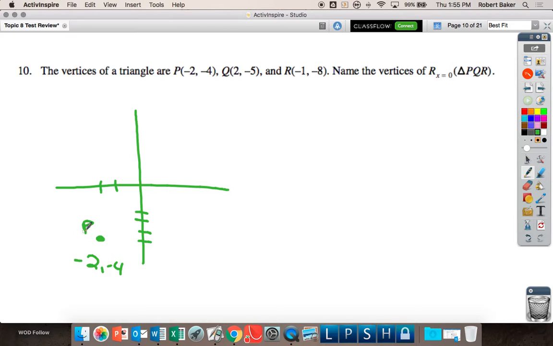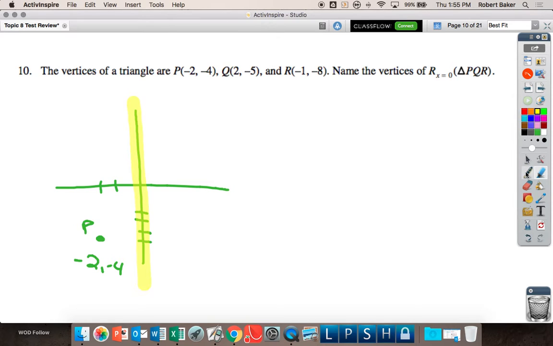Does x equals 0 go like this or like this? X equals 0 goes up and down. X equals 0 is the y-axis. Remember, because x equals 2 is an up and down line. So x equals 0 is this line right here, the y-axis.